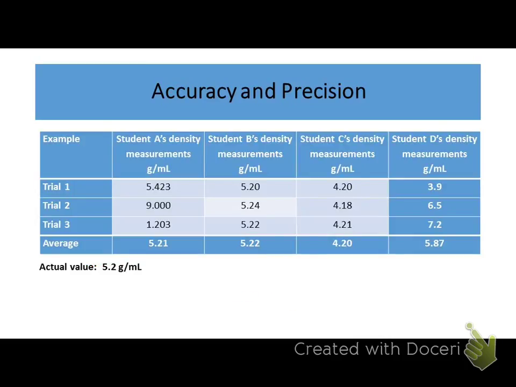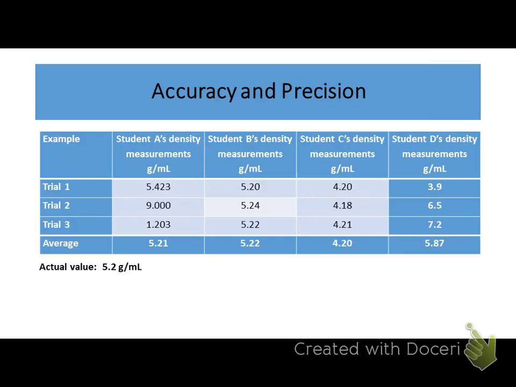Alright, let's look at an experiment here that was conducted by 4 students. Student A, B, C, and D. These 4 students took some object, and they wanted to determine the density of that object. Each student did 3 trials, and then after their 3 trials, they averaged their 3 values together and got their average density.